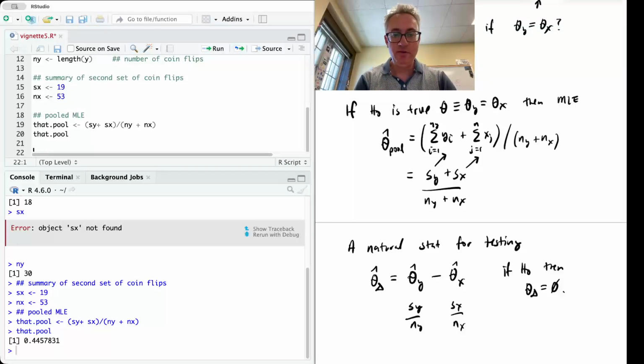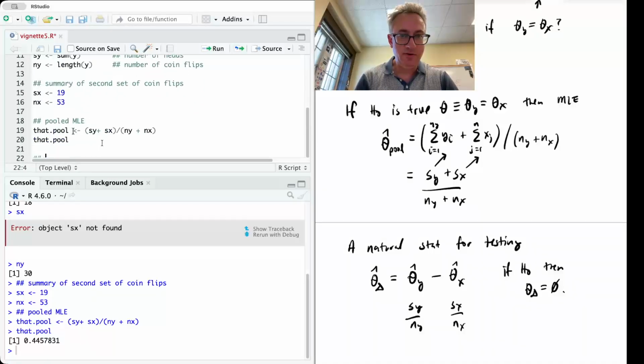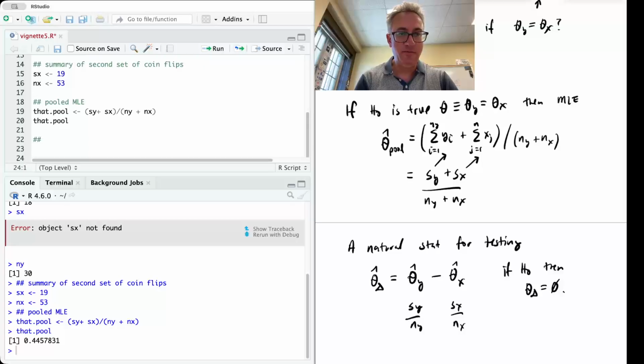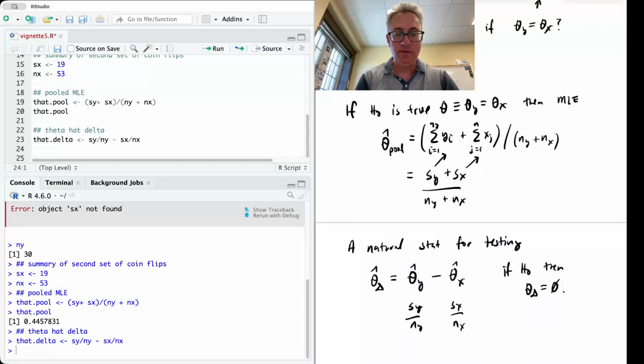And then my theta hat delta is going to be SY over NY minus SX over NX.